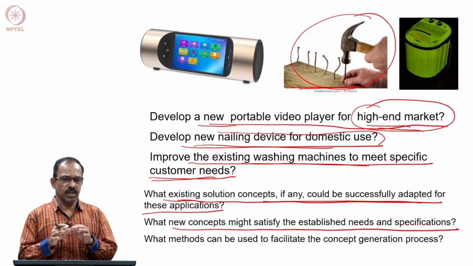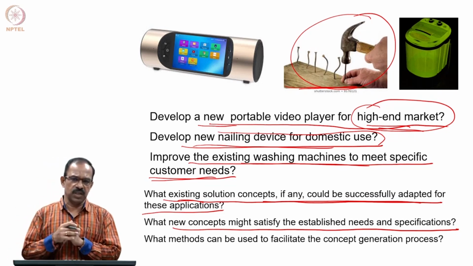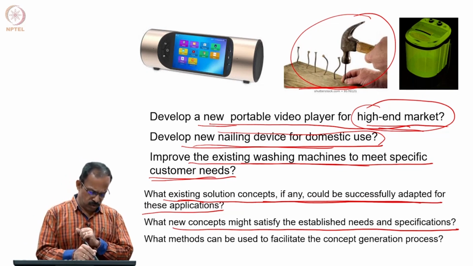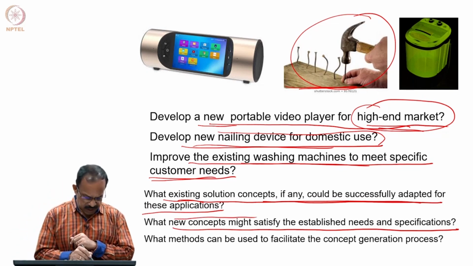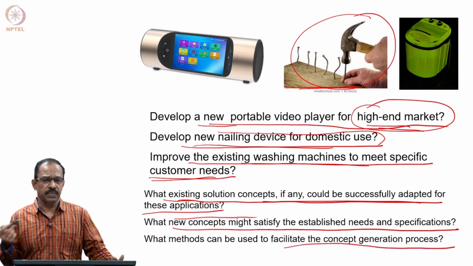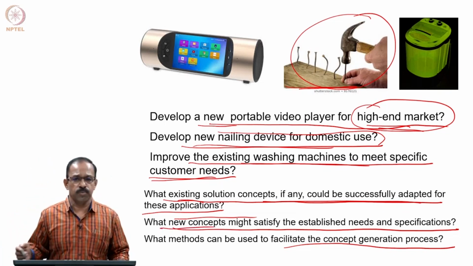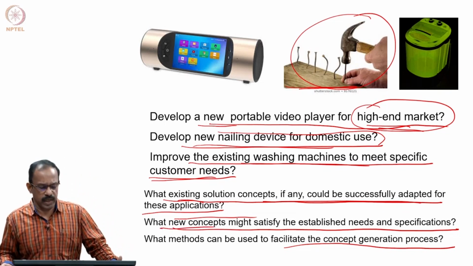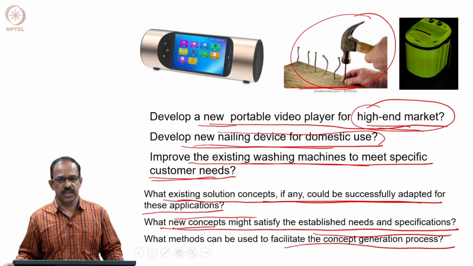So, you have established some specific needs, and you identify or develop the specification. You have to see what kind of new concepts can satisfy that, and what methods can be used to facilitate the concept generation process. So, how can we actually do the concept generation? If you need to develop new concepts for the product, what methods can be used to facilitate the concept generation process?